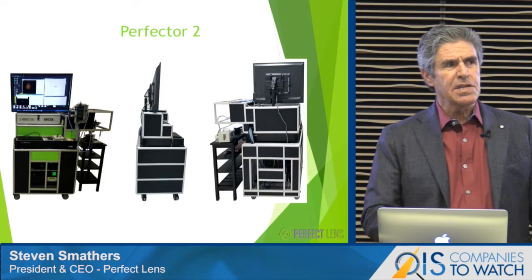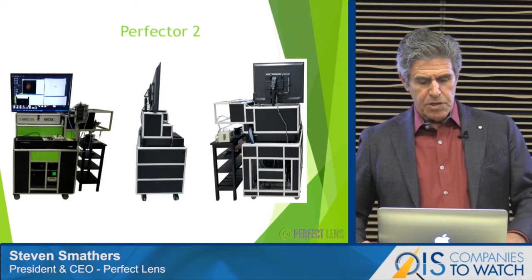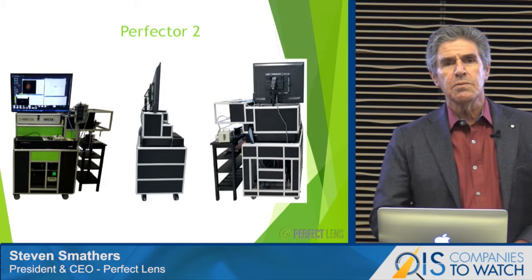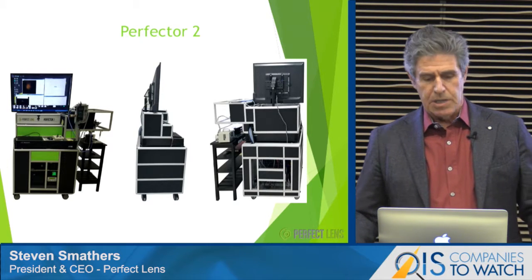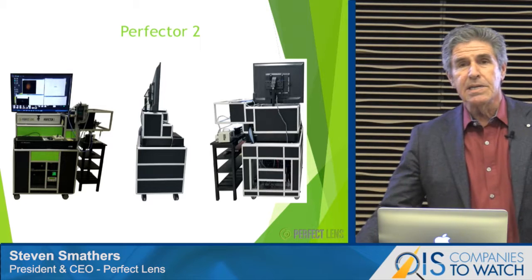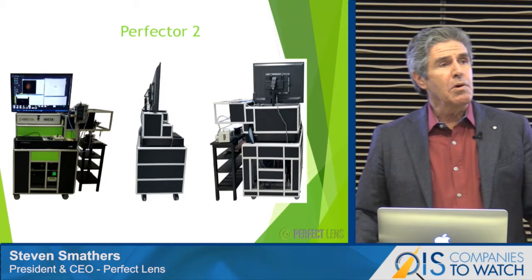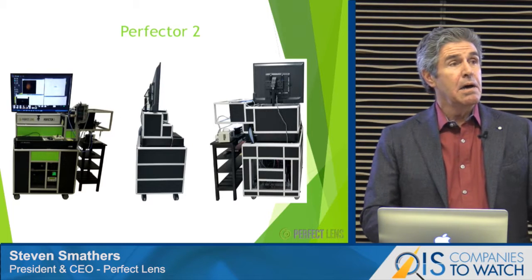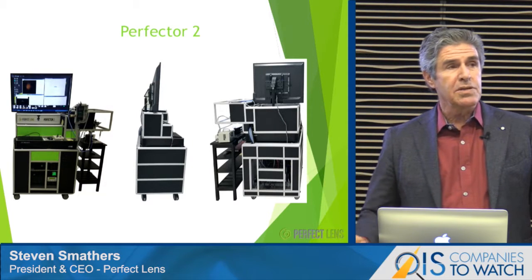This is a slide showing the Perfector 2. This is the machine we use to make the refractive index change. The machine is small, it's portable, it moves through hallways, and it's less than 200 pounds in weight.